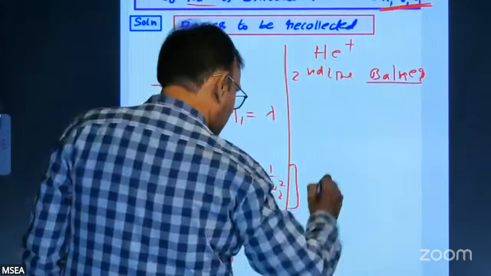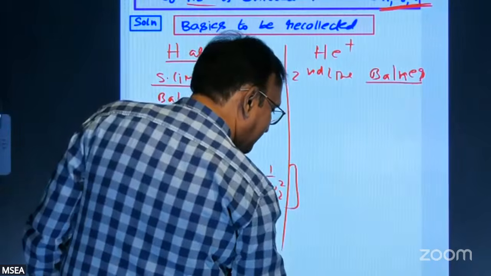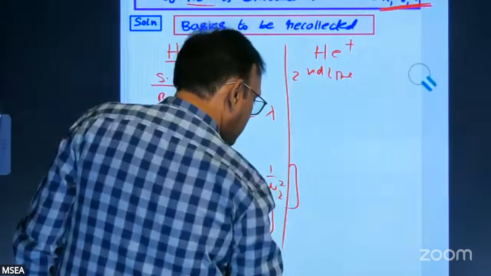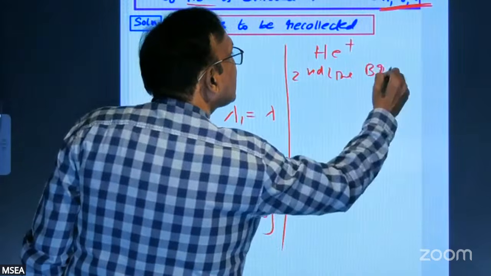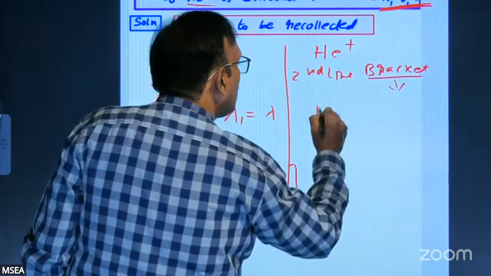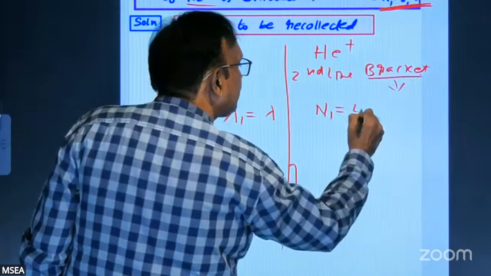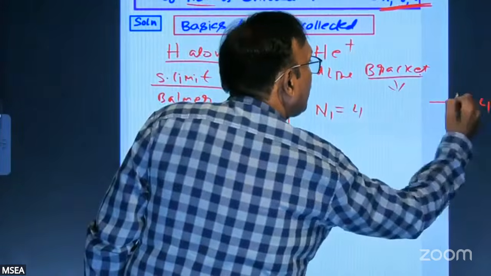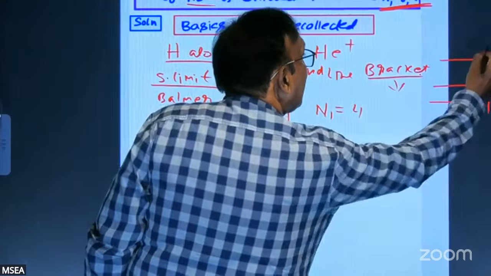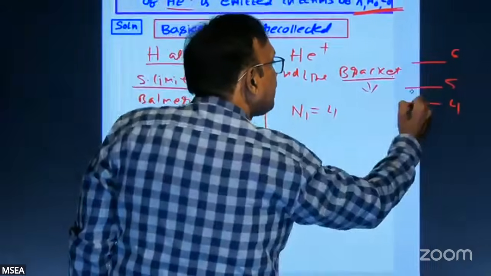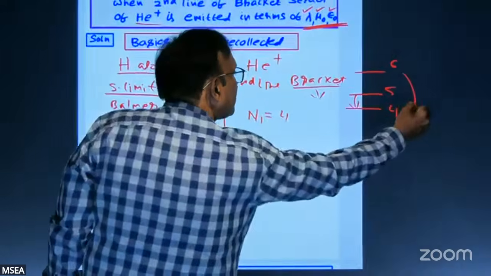So the second line of the Brackett series, as far as the Brackett series is concerned, all of you know, the lower orbit to which the electron has to jump is 4. We are talking about the second line, so the lower orbit is 4. The higher energy levels happen to be 5 and 6. 5 to 4 means first line. 6 to 4 is the second line.